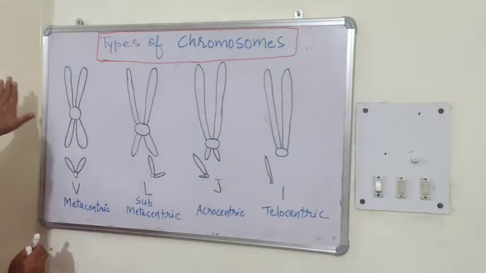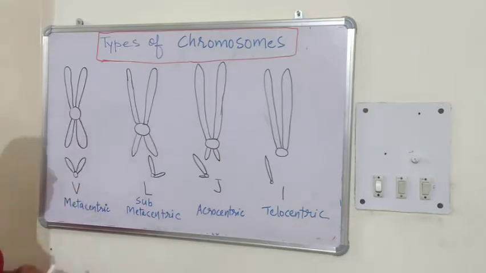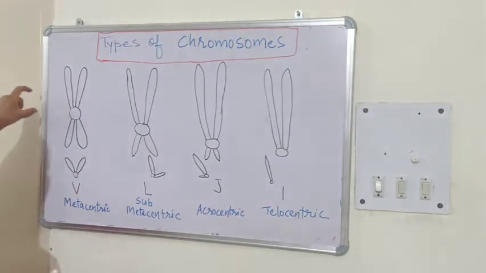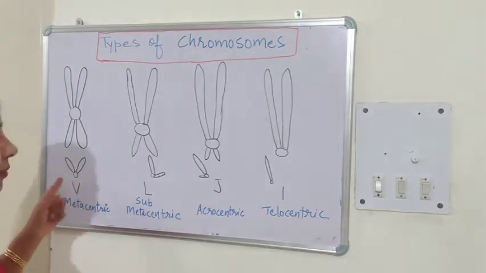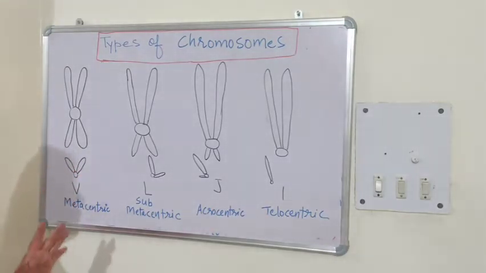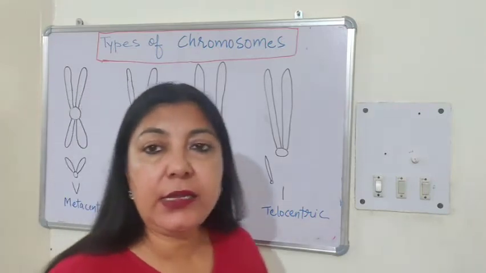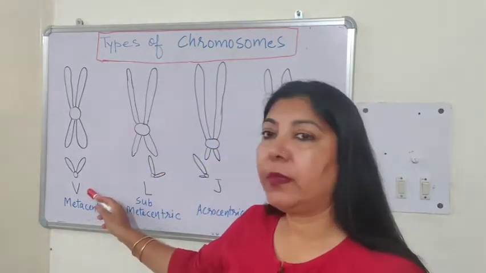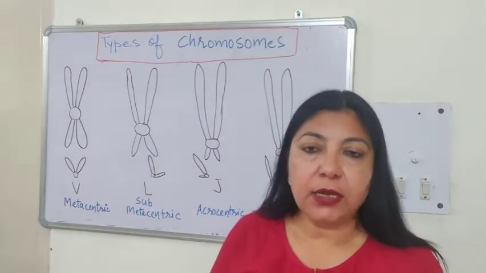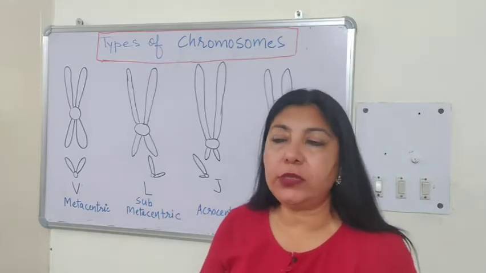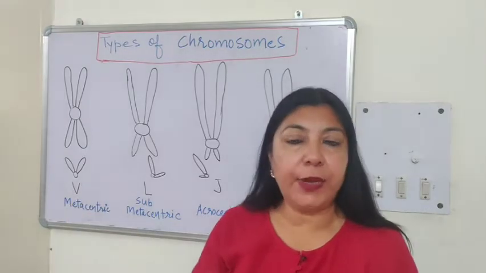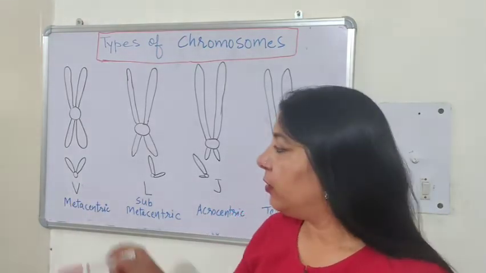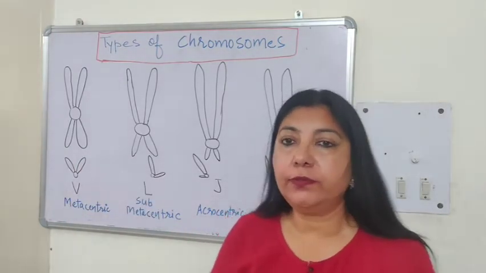This will separate and this will separate. When this is separating and both have equal length of the arms, the shape during anaphase is V-shaped. So we say that metacentric chromosomes during anaphase look like a capital V. Okay, so they are metacentric chromosomes.